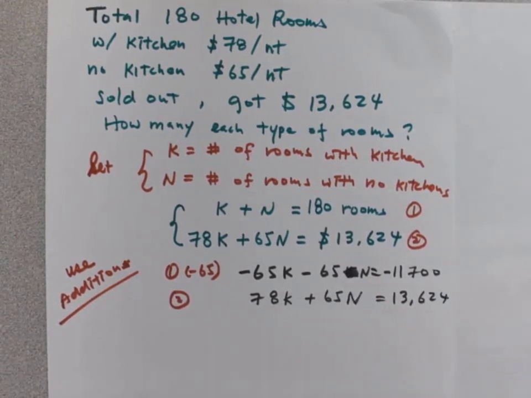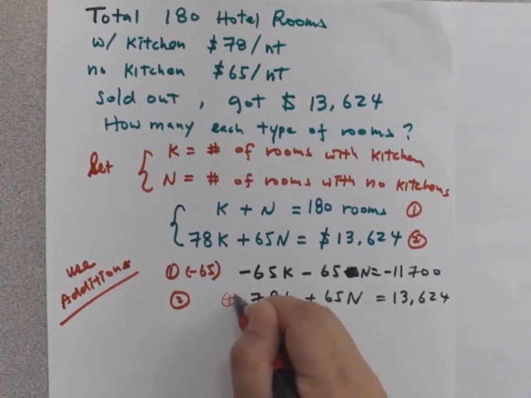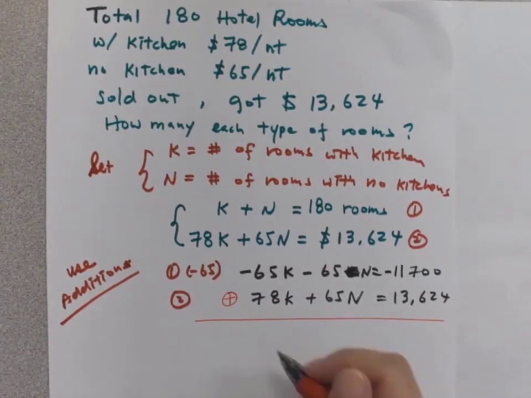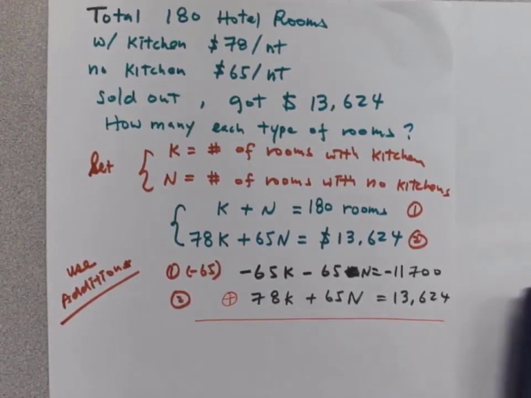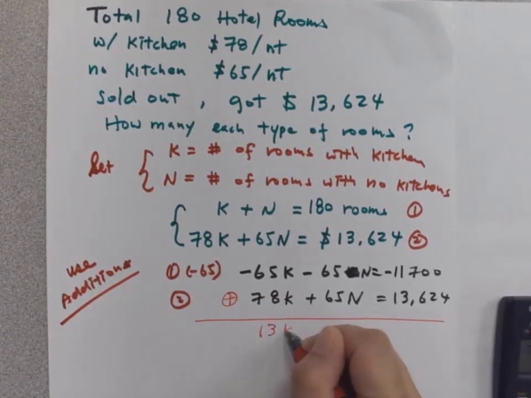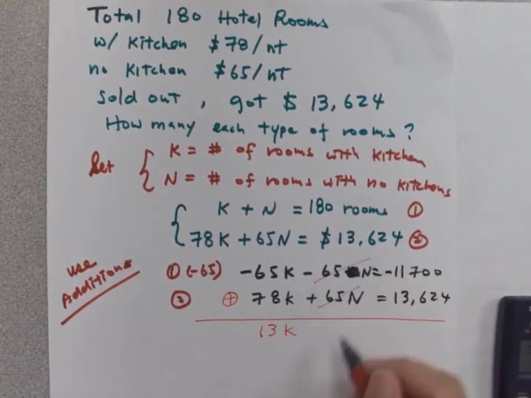Are we okay? And then what do we do? Add them together, okay? And then 78 subtract 65. How many K? 13K. And then the N cancels, right?